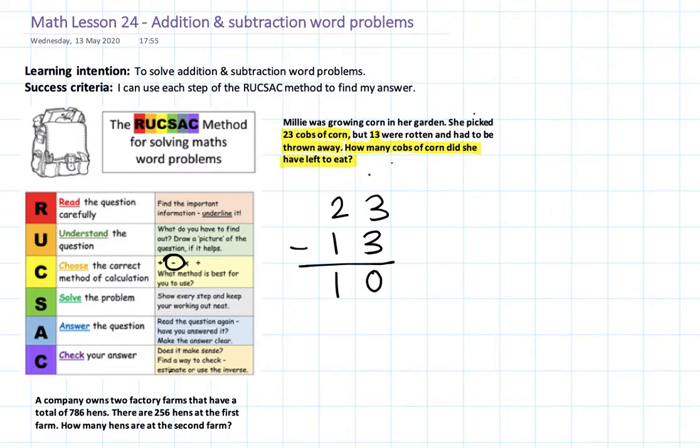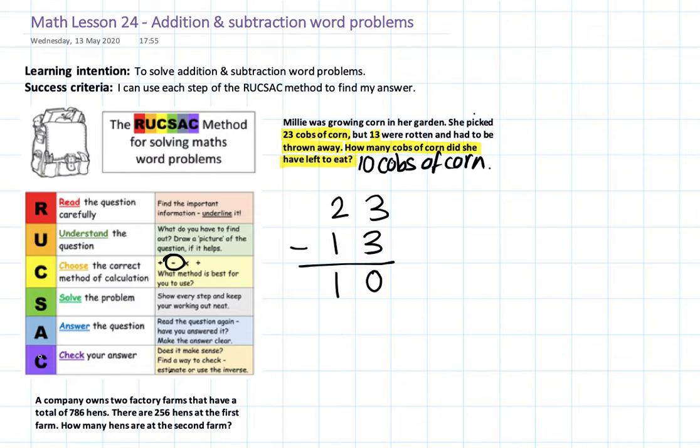Did we answer that question? Yes, we did. Alright, just to make the answer clear, I want you to write the answer down next to the question. So 10 cobs of corn. 10 cobs of corn left. Alright, I've answered my question.